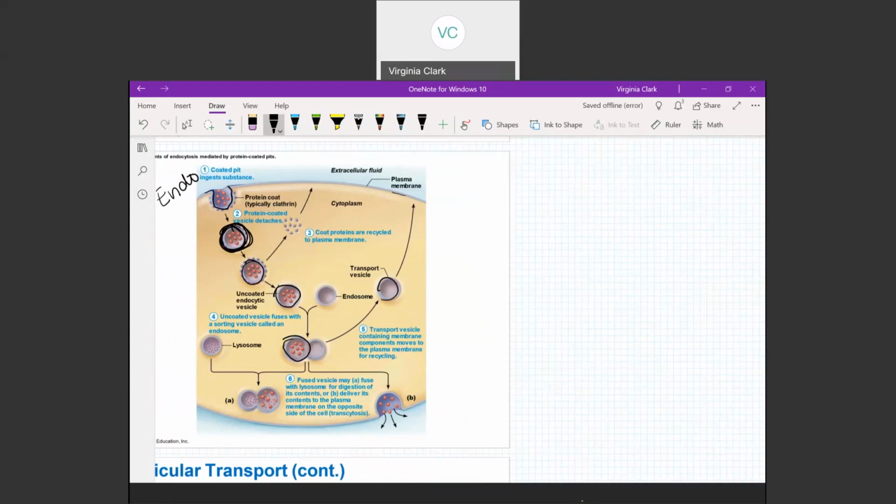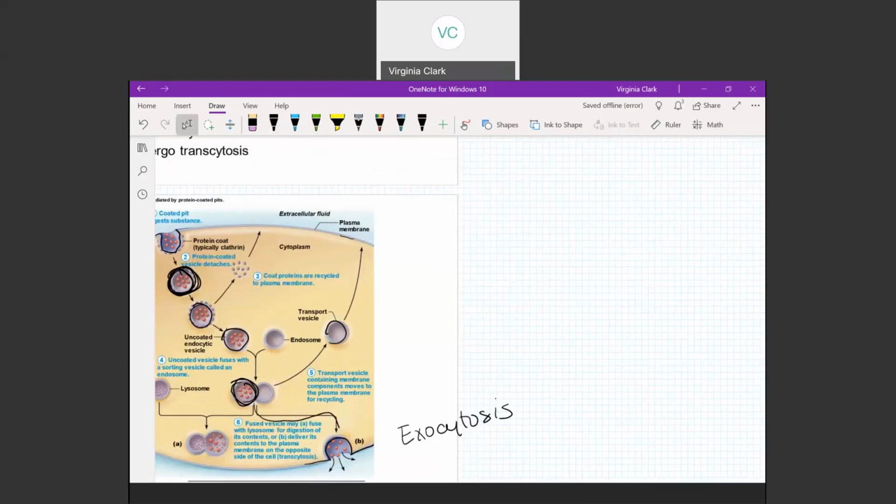Whereas if you have exocytosis, you're going to start with this little package of items, and it will go and it will fuse to the plasma membrane. So to draw this out, if this is my plasma membrane, when we're doing endocytosis, you are moving things from outside the cell to inside the cell.